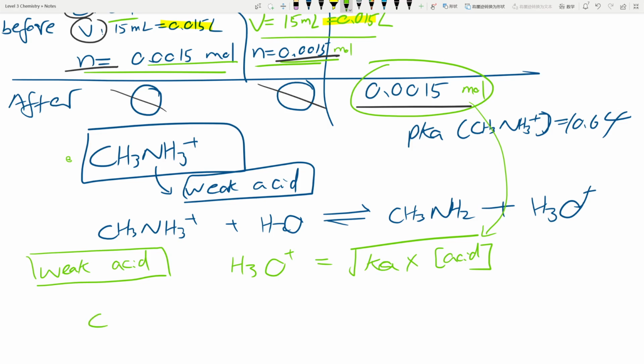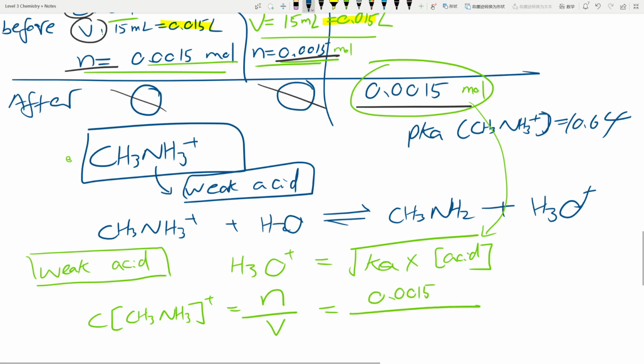To find out the concentration of CH3NH3+, we need the moles divided by the volume. Now we know what the moles is, and for the volume, this is where you need to think about how many mils are in the flask right now.